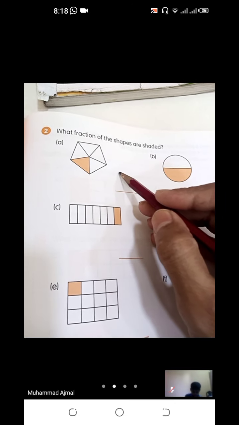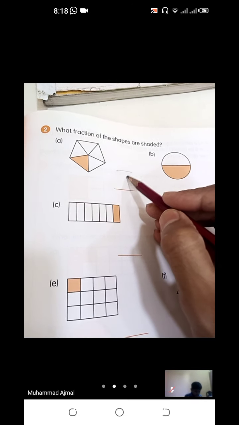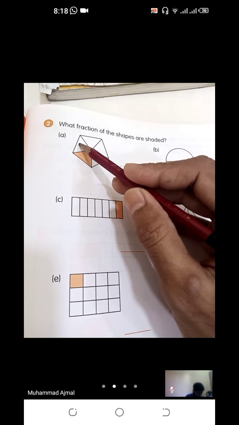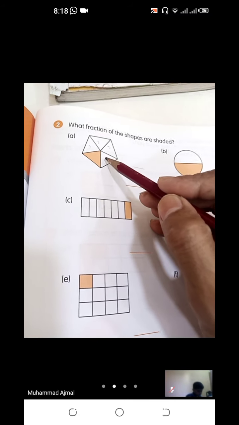Look here, what fraction of the shapes are shaded? Same page, next page, 195. When we write a fraction for a shape, in the denominator, the lower number, we write the total number of parts. 1, 2, 3, 4, 5.